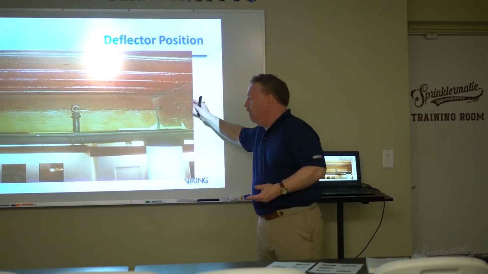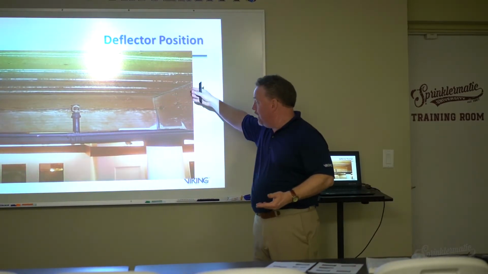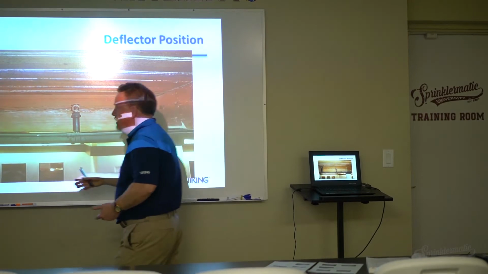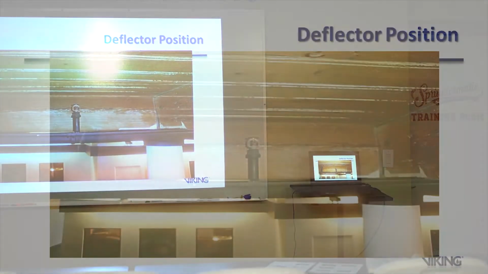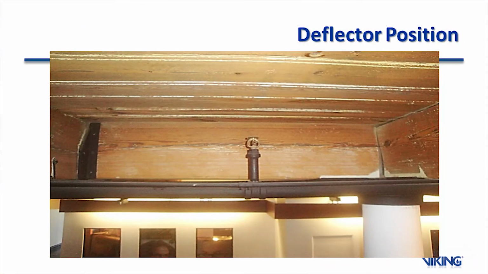Because if I've got an old mill type construction where I've got large beams here and another large beam here, deflector position has to get up into that pocket and only be a certain distance below the ceiling. And that's going to vary a little bit depending on the installation rules.